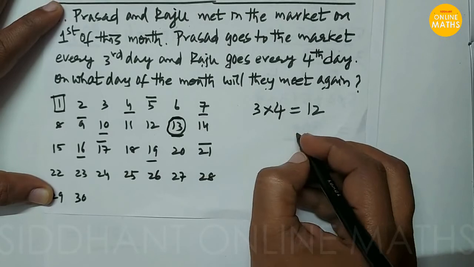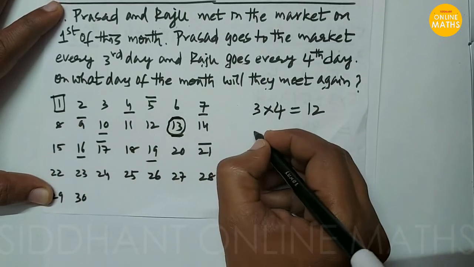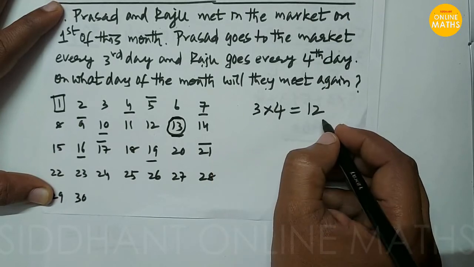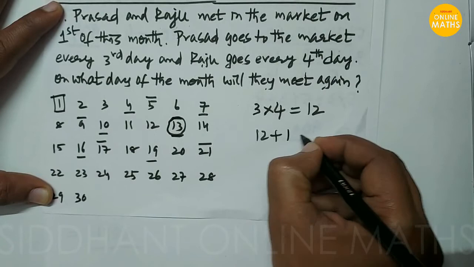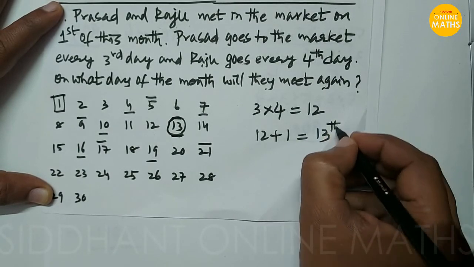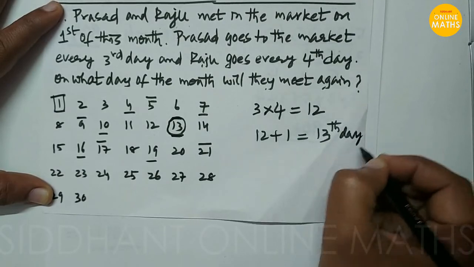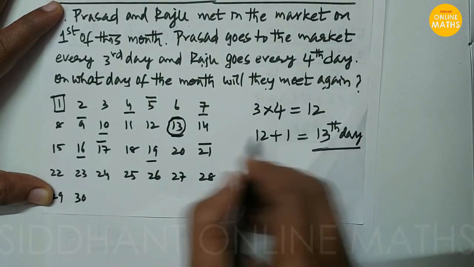And we are going to see on the first day, and we are going to add the 12 days. So 12 days plus the first day gives the 13th day. So on the 13th day, Raju and Prasad will meet again in this month.